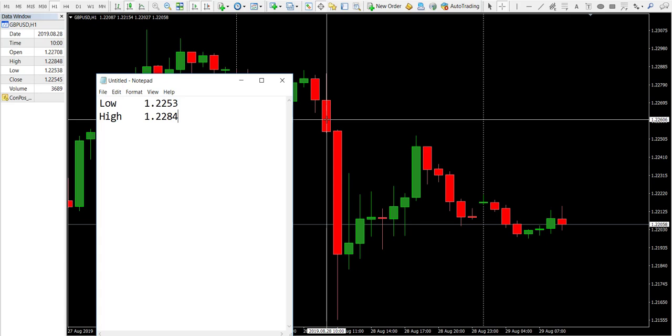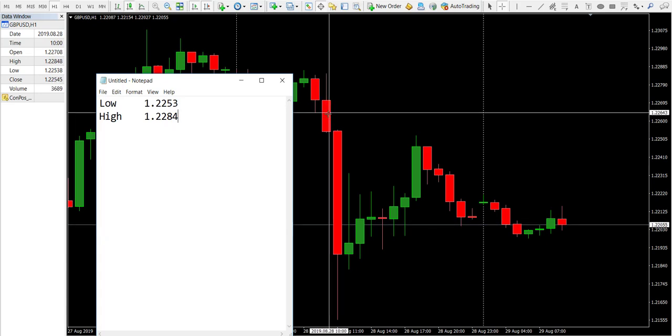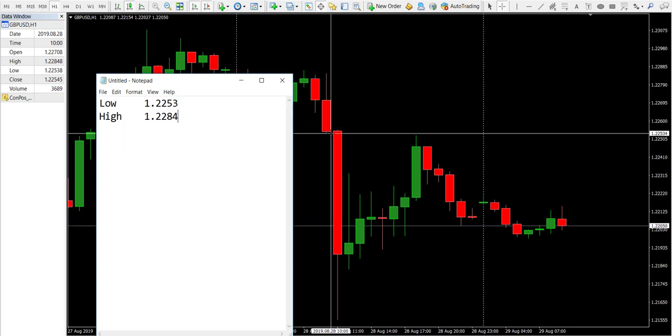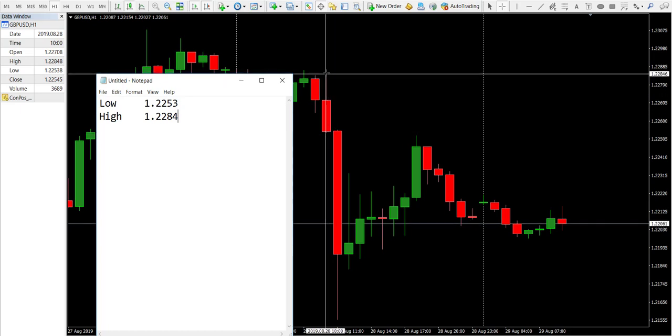So what I really do is, if the candle is red, I would place a sell stop 3 pips below the low of the candle. I can either put a sell stop or I can sell at the market, and the stop loss is going to be 3 pips above the high of this candle.